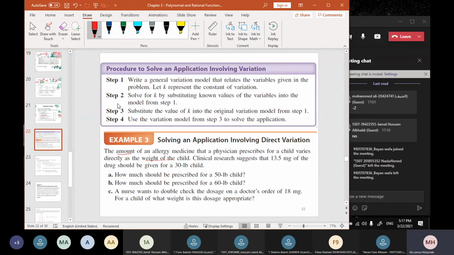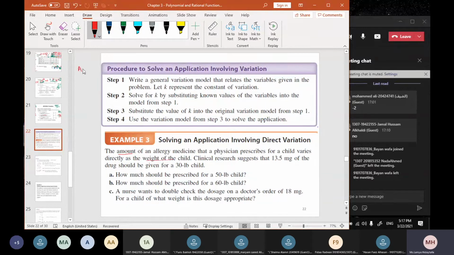First, I have to read the question well and understand what I have been given, put equations, and then solve. When something is directly proportional, that means there is a constant of proportionality.